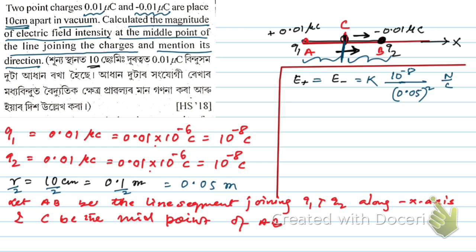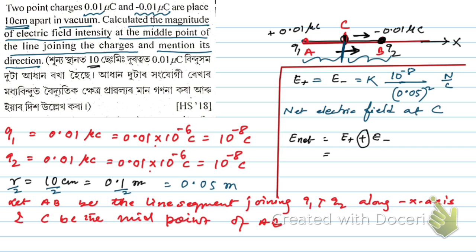Therefore the net electric field at C is going to be equal to E positive plus E negative. That means the electric field due to the positive charge and the negative charge, as both are the same in magnitude.